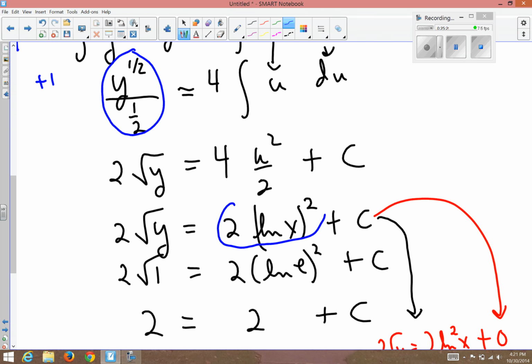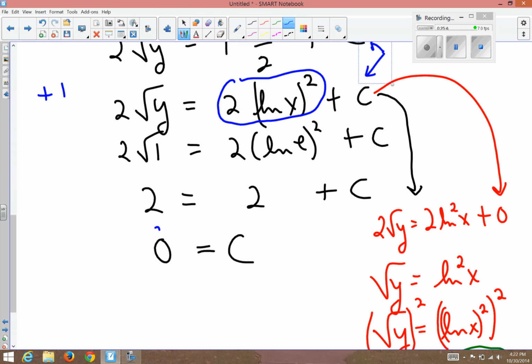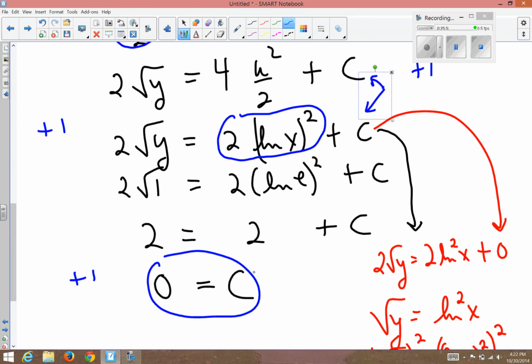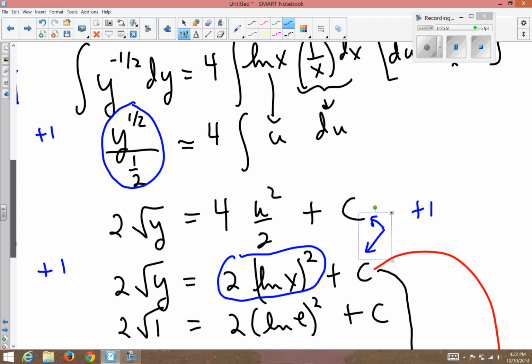And remembering to write plus C, which I guess you earned that point right there, is worth 1 point. Finding the correct value of C is worth that point. And you find this value of C using the initial condition. So far we've got 1, 2, 3, 4, 5. Need 1 more point for having the correct answer.